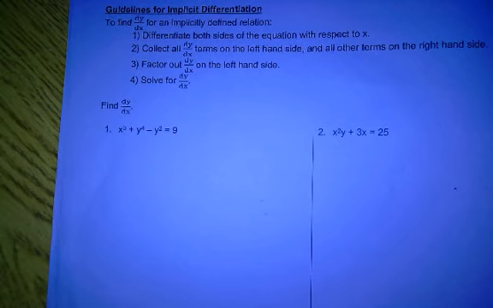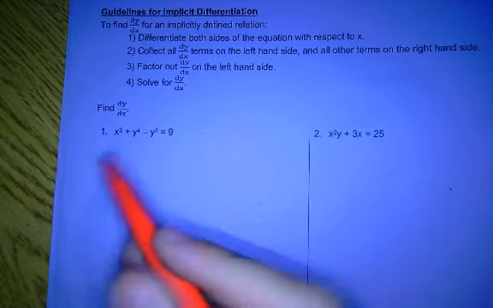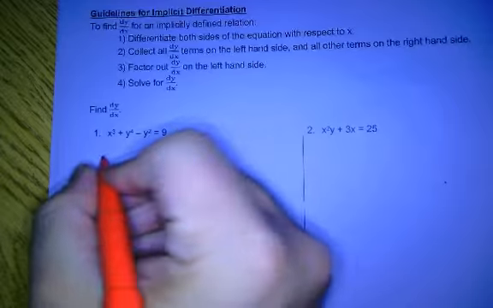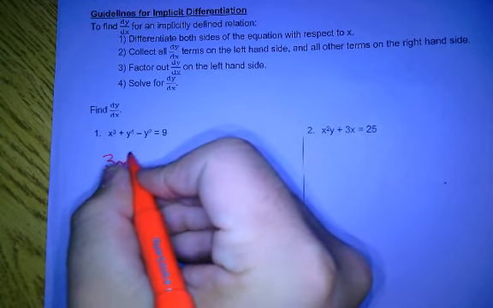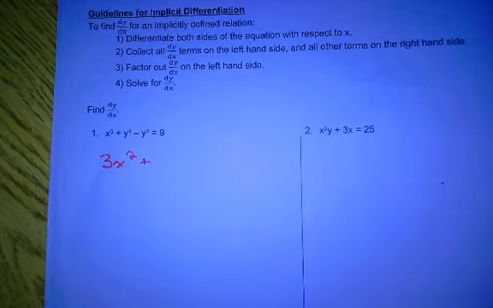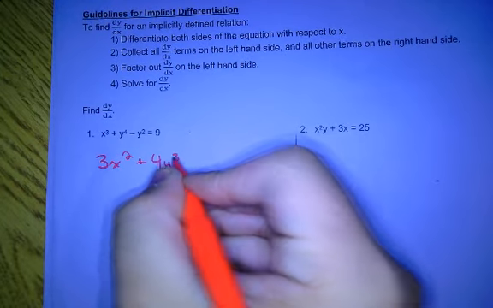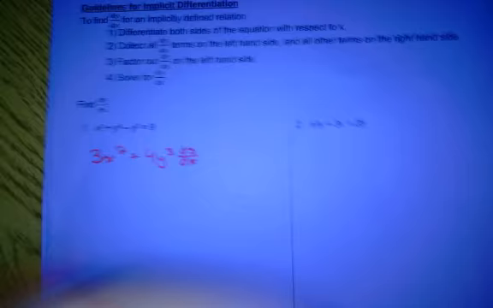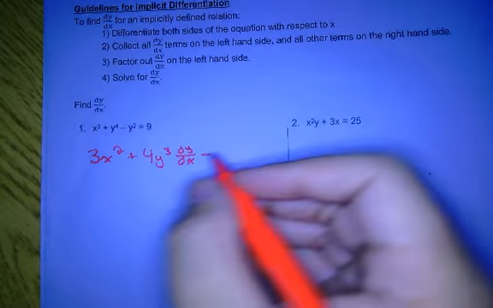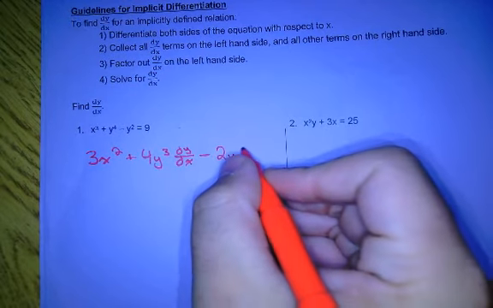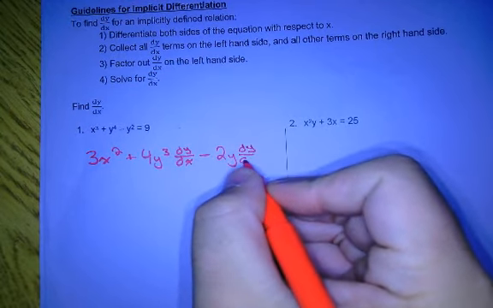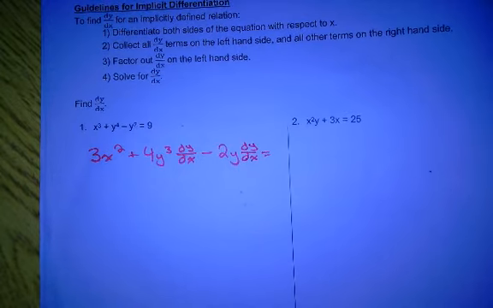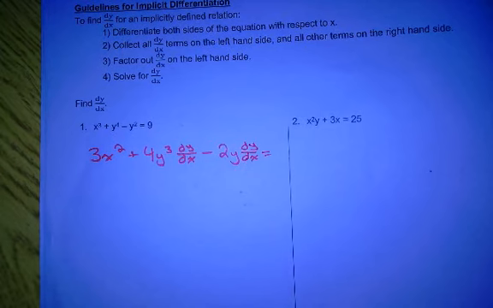So step 1, find dy dx. So we're going to take the derivative of all of this. So what's the derivative of the first term? 3x squared plus dy over dx minus, equals, what's the derivative of 9? 0.